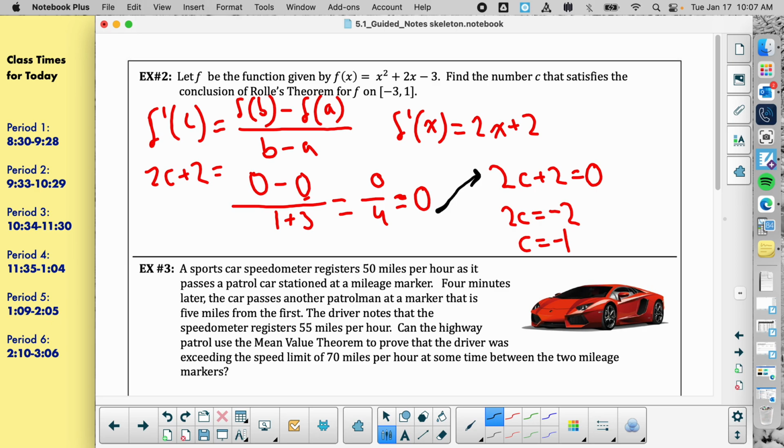One important fact I want to make clear. You notice how I had him write 2c plus 2. If you write 2x plus 2 on the AP test, they'll mark it wrong. They are very particular and picky about this.